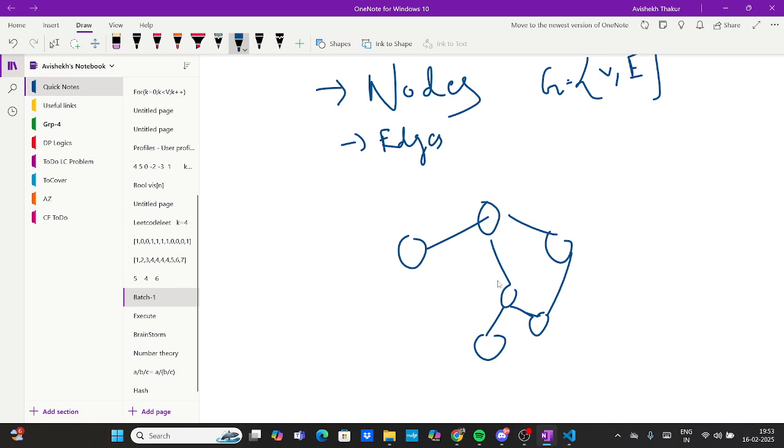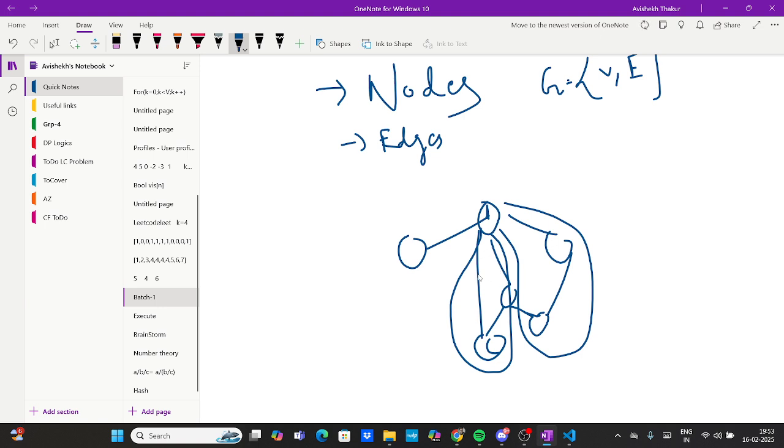Let's say if I have to reach from A to C, I can go like this and reach, I can go like this and even I can reach, right? So there can be multiple paths to reach a particular node. There are different ways to go and reach a particular cell.